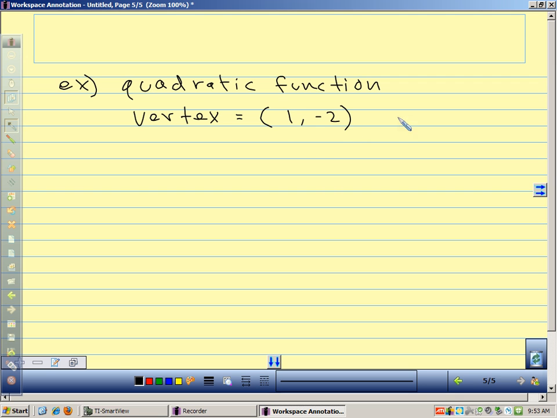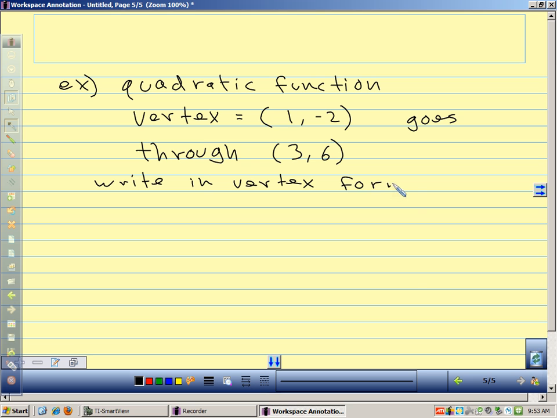And it goes through the point 3, 6. And we want to write the quadratic function in vertex form. So we're going to use this information to write our function in vertex form.